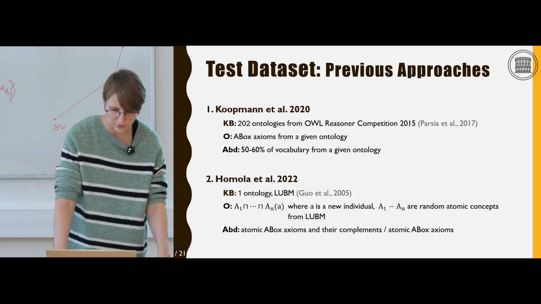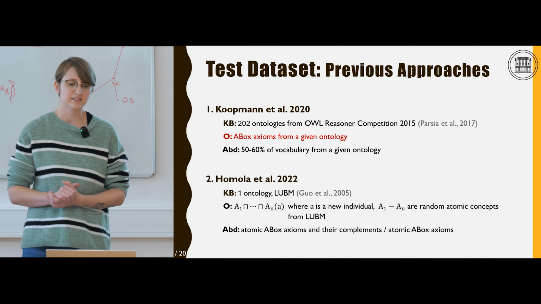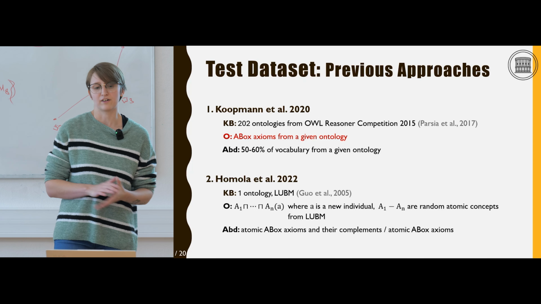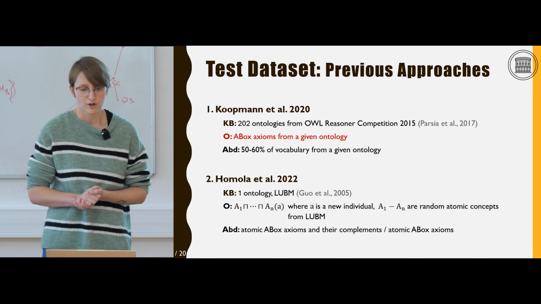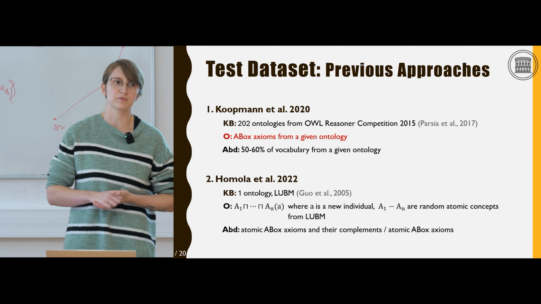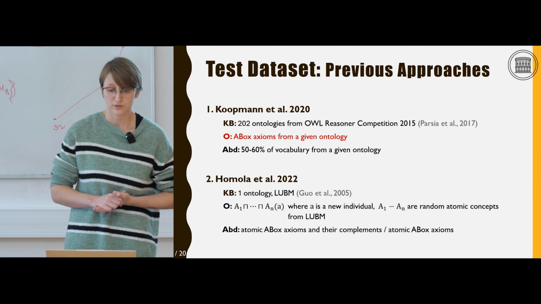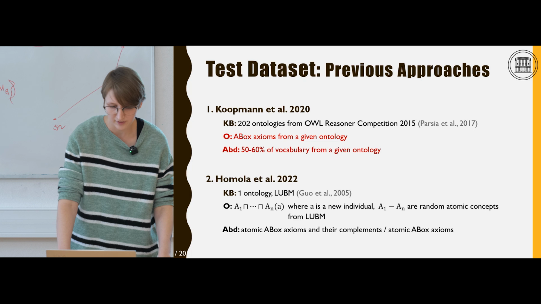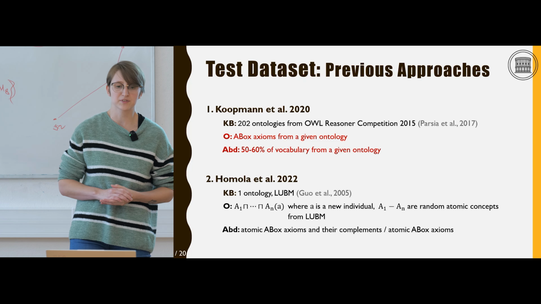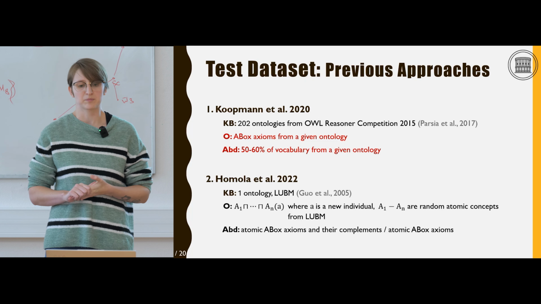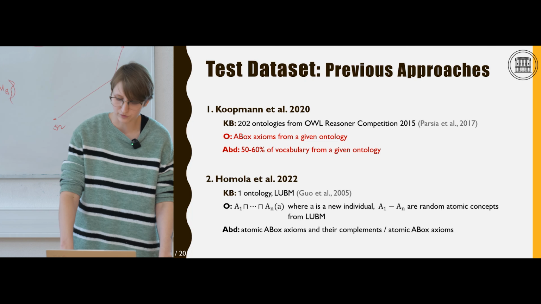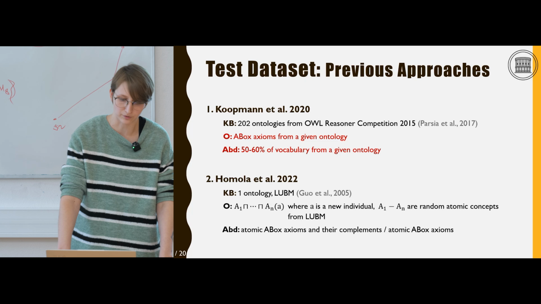So now for the issues. When we directly take an observation from the ontology, there is a high chance that it will have no explanations. So that can be an issue. Then for our algorithms, 50 to 60% of the vocabulary is just too much. It is just not manageable when we have larger ontologies.